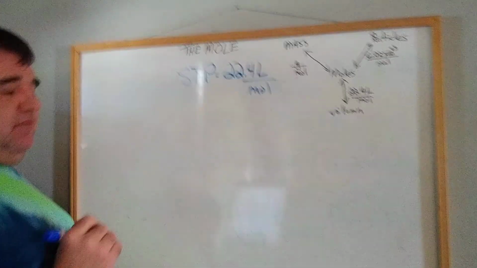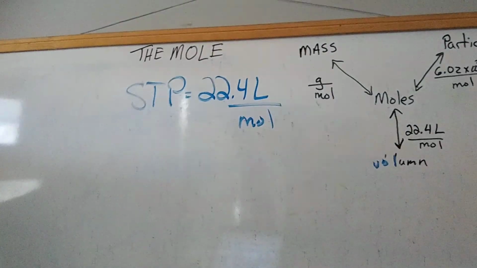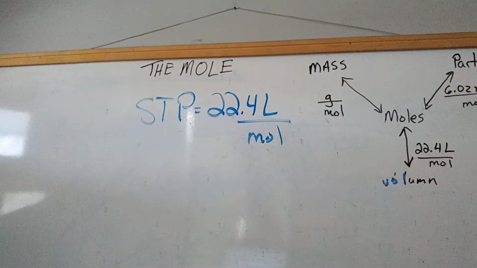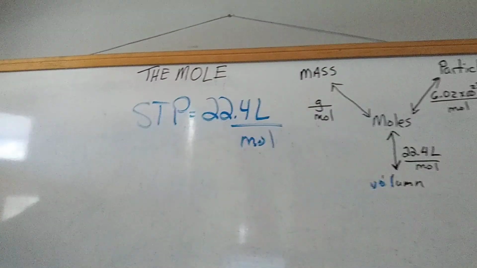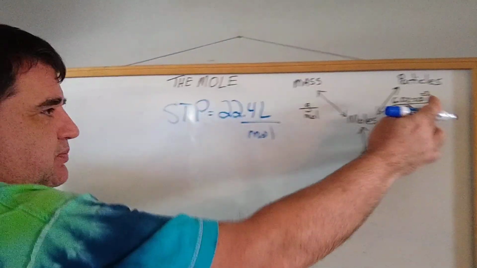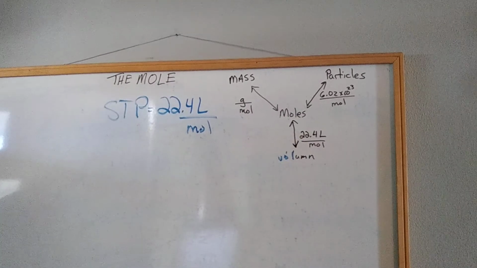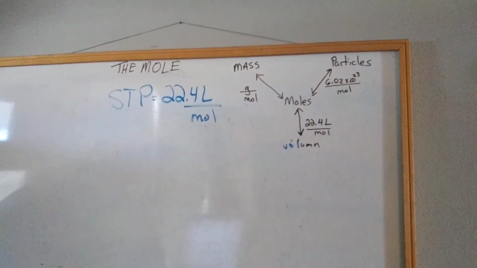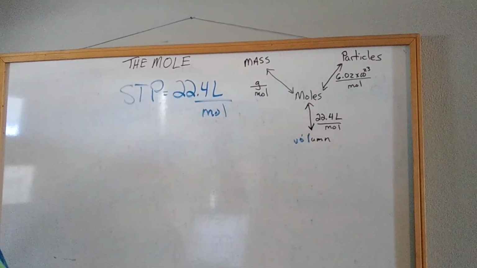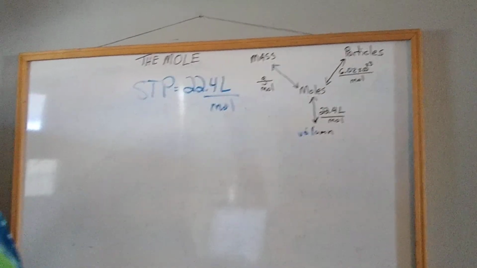You write it like that, 22.4 liters per mole. And again, you're going to have to know these numbers. You're going to have to know 6.02 times 10 to the 23rd. It's not memorizing them like I've said before, but if you do the problems, you'll learn the numbers. So that's why you have to do the work.